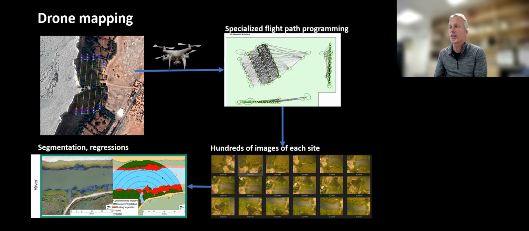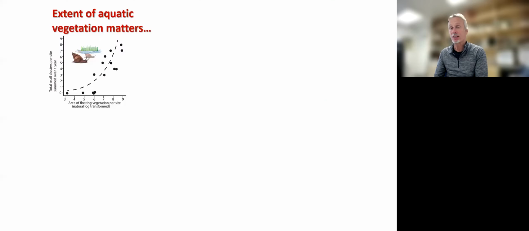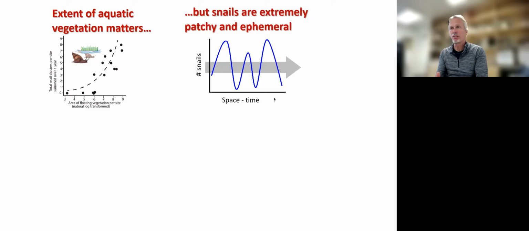And in fact, in a paper that we published in 2019, we show that there is a strong statistical association between the area of floating vegetation per site and the number of snail clusters that are present in that site. We also noticed that snails were extremely patchy and ephemeral, changing in space and time all the time.